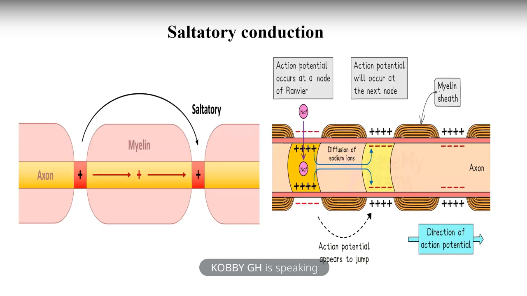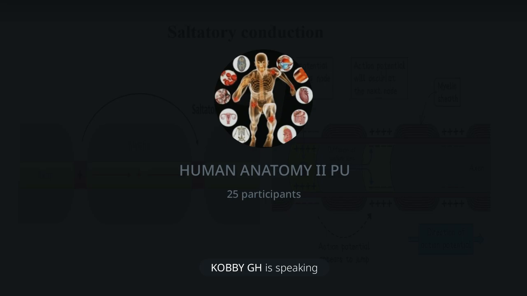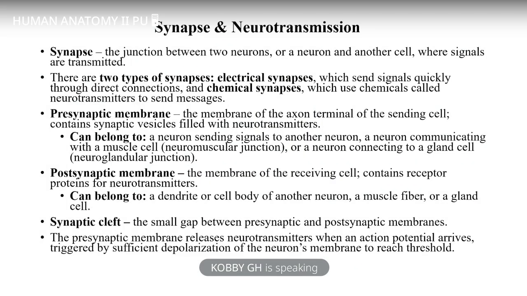The impulse transmission only occurs at the nodes of Ranvier. That kind of impulse transmission only happens on neurons that have the myelin sheath.